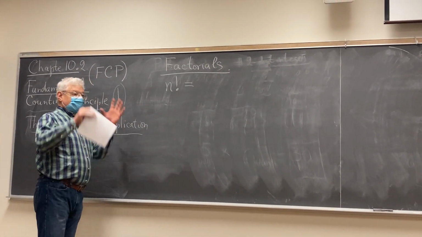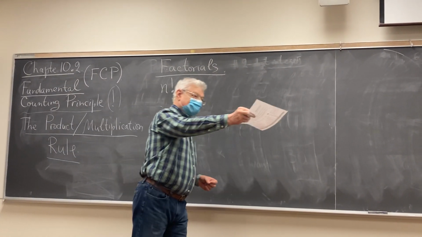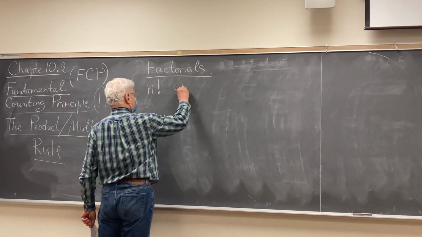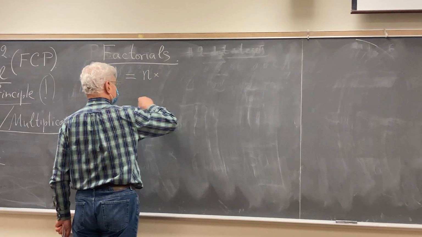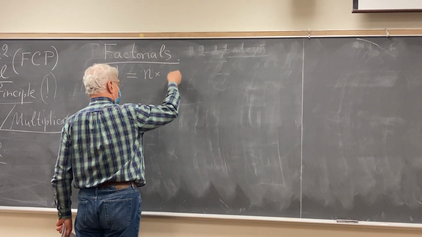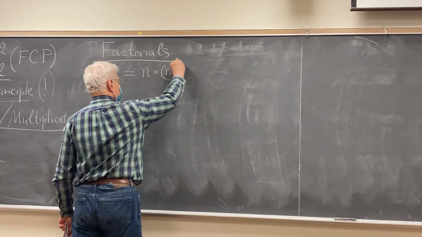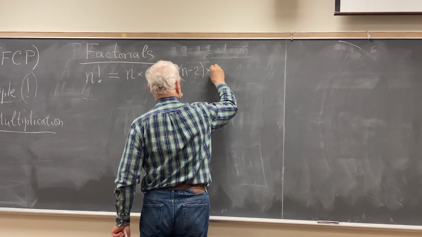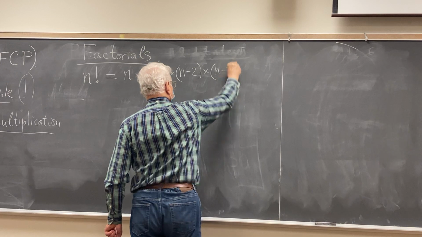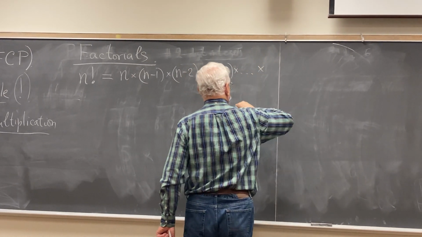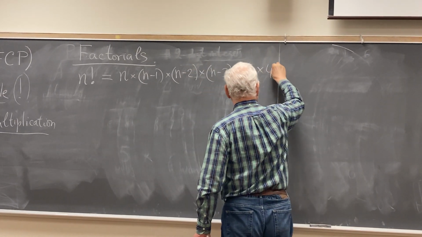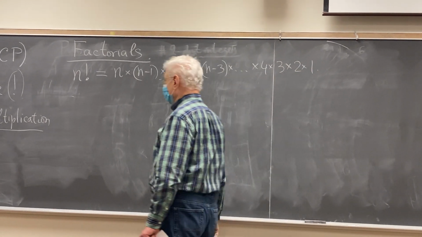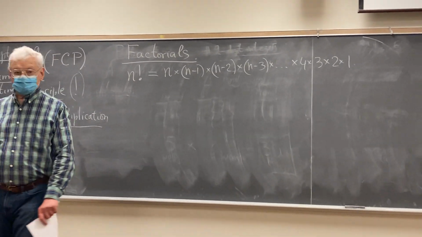Don't say 3, it's 3 factorial. You have to pronounce 2 words. What is that? So first you take n, then multiply by the number 1 less, n minus 1. Then take the next number, n minus 2, then multiply, then n minus 3, and so on. And finally you have to multiply by 4, by 3, by 2, and by 1. So all the numbers from n up to 1.